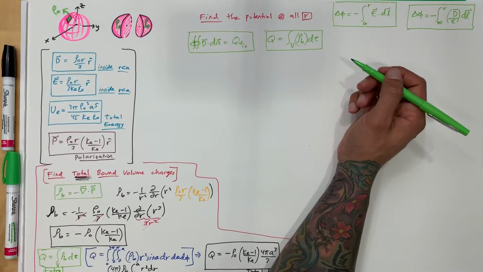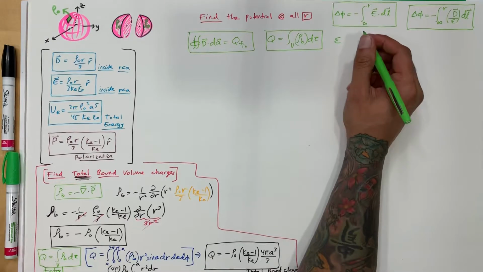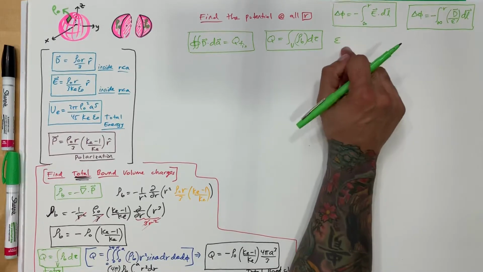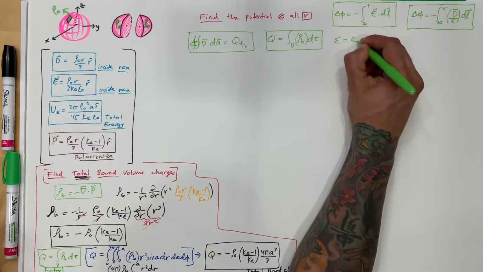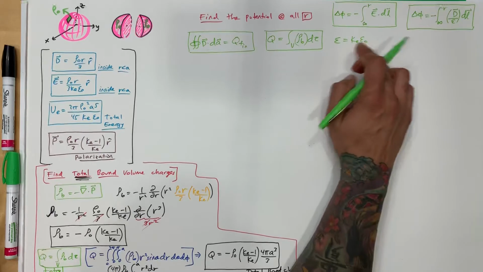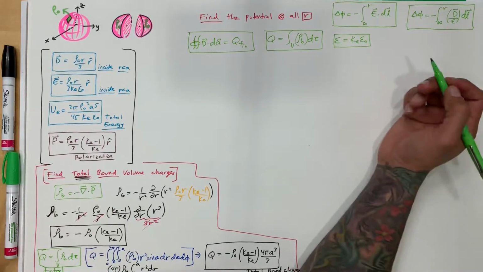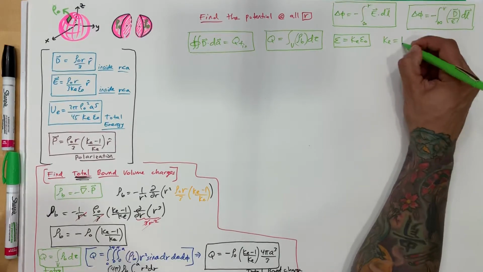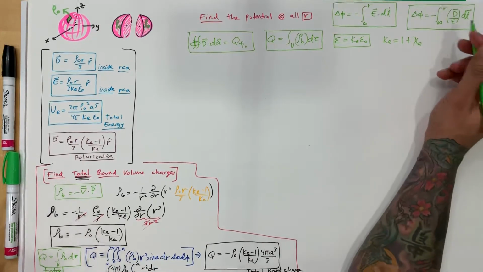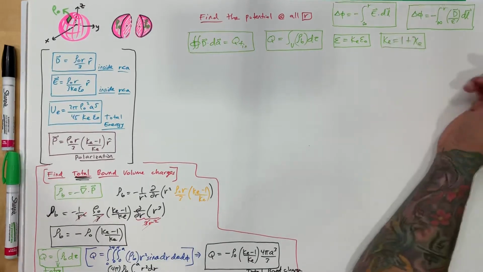And we have the susceptibility. This is the absolute permittivity. We need to express it in terms of the permittivity and the dielectric constant, and we know that the dielectric constant is 1 plus the electric susceptibility.